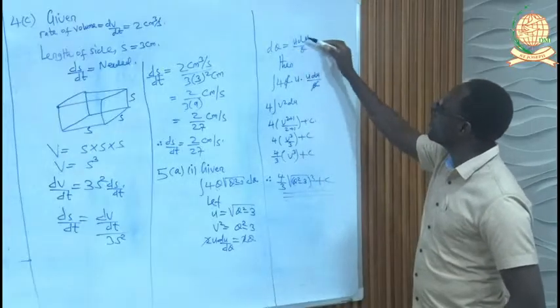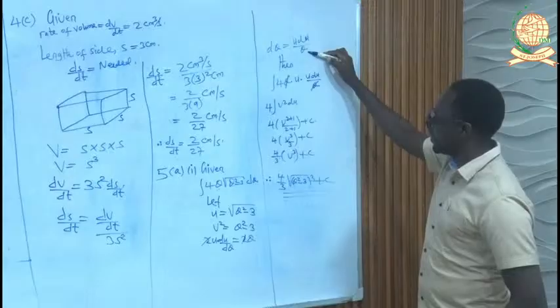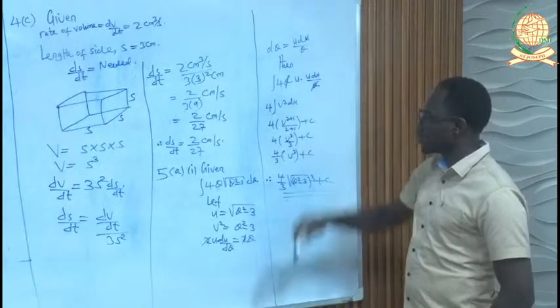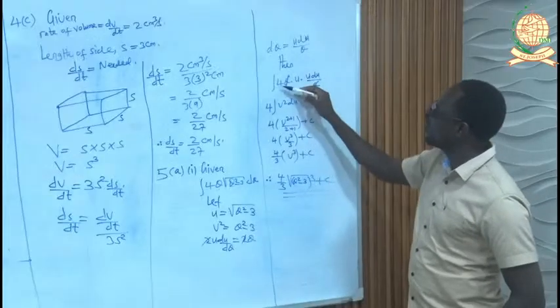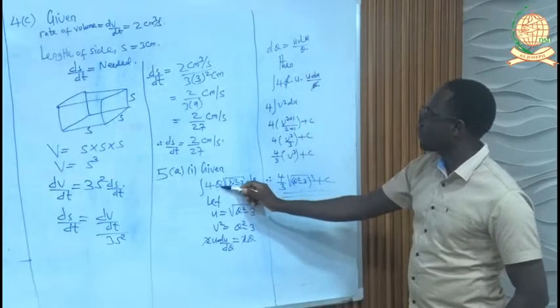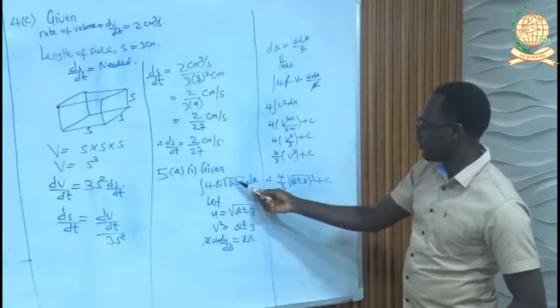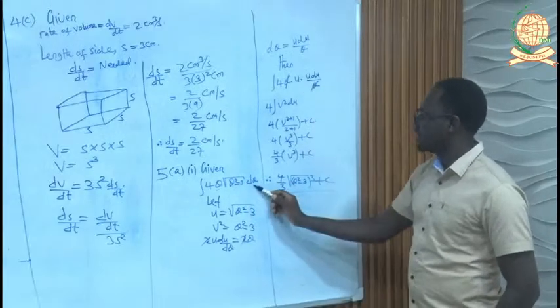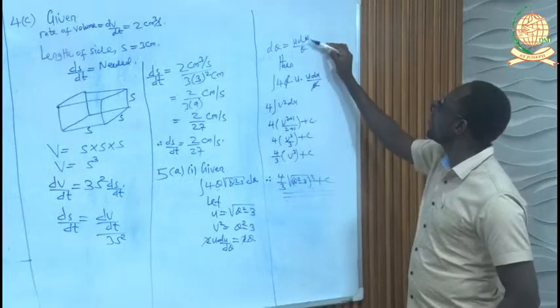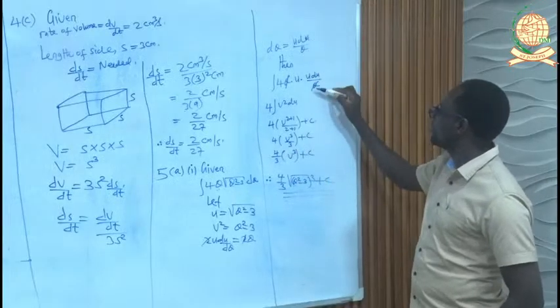So dθ will be equal to u du over θ. Then substitute this into the given integral. So it is 4θ, then the square root of θ squared minus 3 is u, and the dθ is u du over θ.